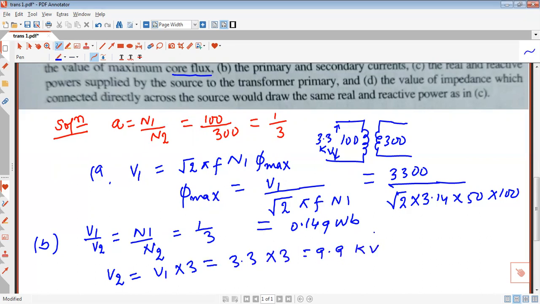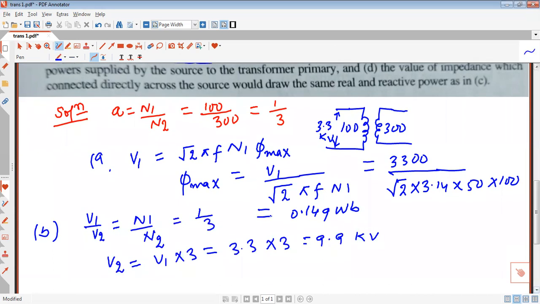Secondary voltage is known. Now the secondary current I2 will be equal to V2 divided by Z2. V2 is 9.9 kilovolt, just calculated, so 9900 divided by Z2, which is given as 100 plus j30.